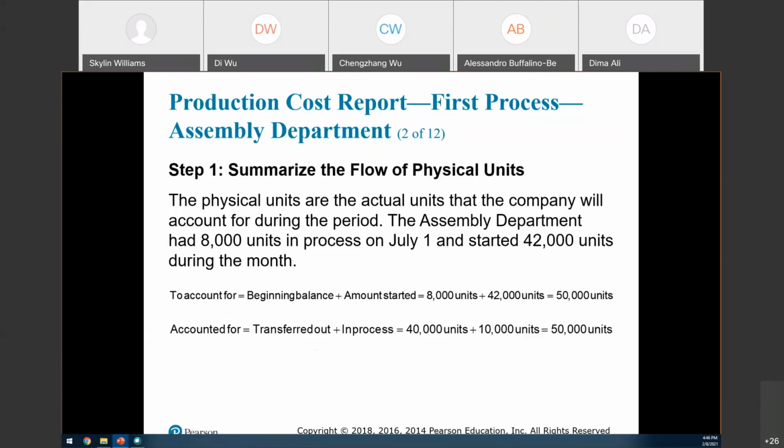The physical units are the actual units that the company will account for during the period. Let's assume the assembly department has 8,000 units in process on July 1 and started 42,000 units during the month.